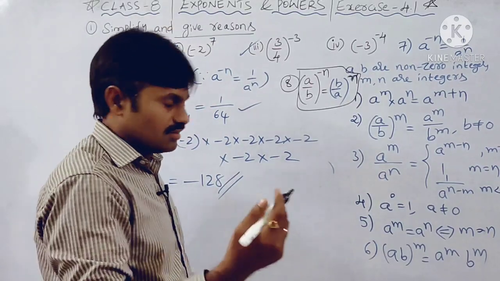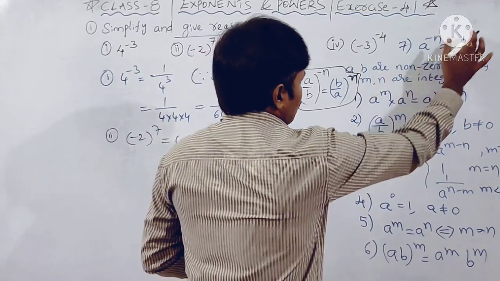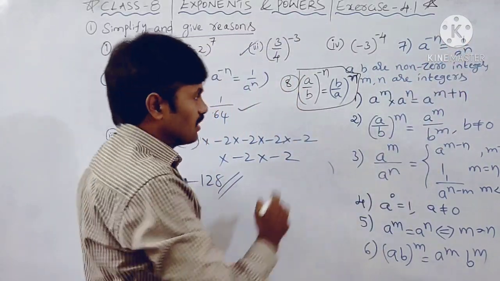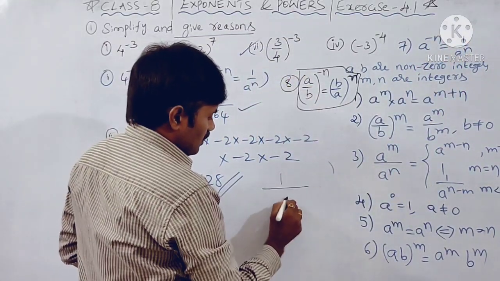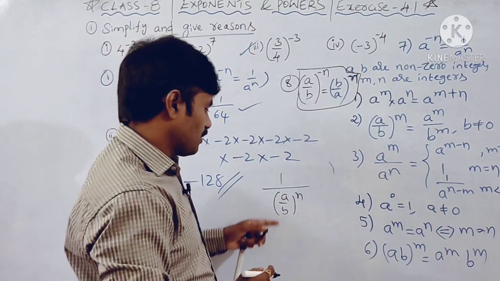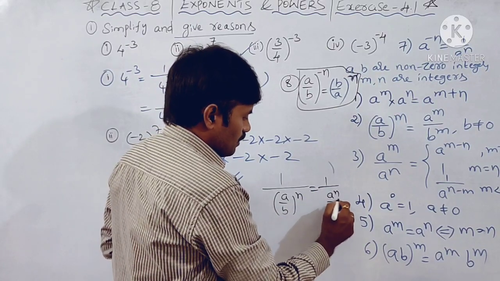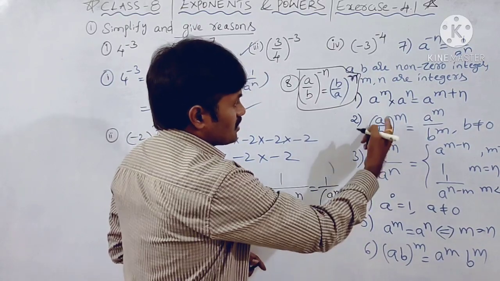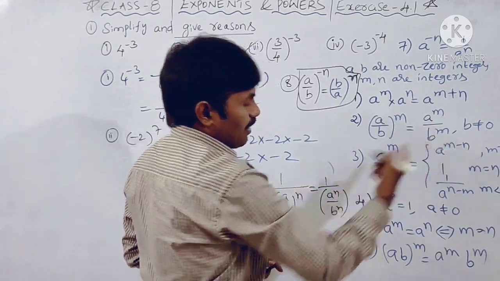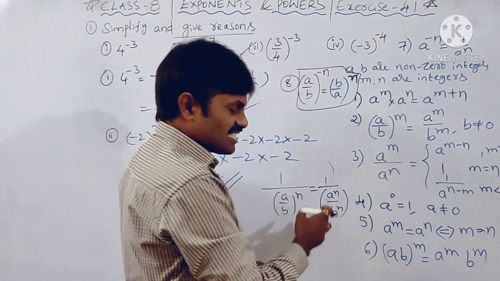How? See, simple. Here we know that a to the power of minus n is equal to 1 by a power n. So I am writing 1 by a by b whole to the power of n. Then that can be written as 1 by a power n by b power n, by using the formula a power m by b power n. Now here 1 by some fraction is here.